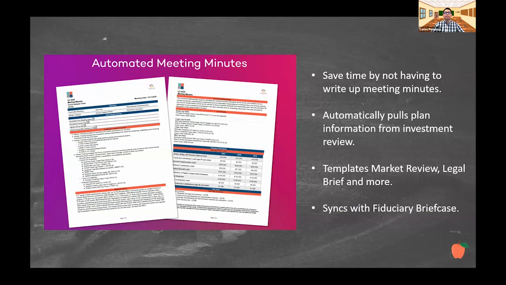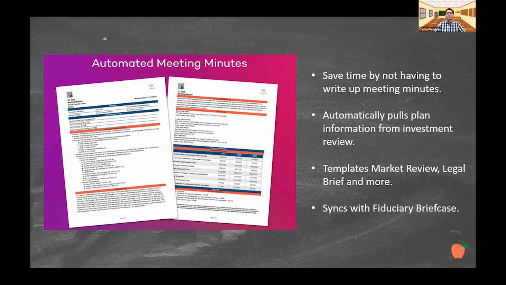Automated meeting minutes. Proper documentation is a must for plan fiduciaries. Our automated meeting minutes will make sure that your I's are dotted and your T's are crossed. This is a game changer. So honestly, instead of spending 45 minutes or more to create meeting minutes, those executive summaries, using archaic ways of doing this, you can now do it within 5 minutes.